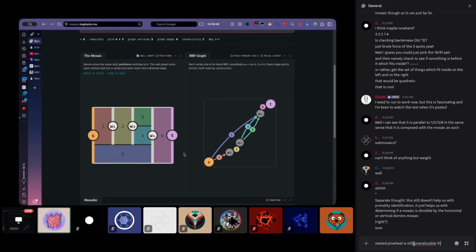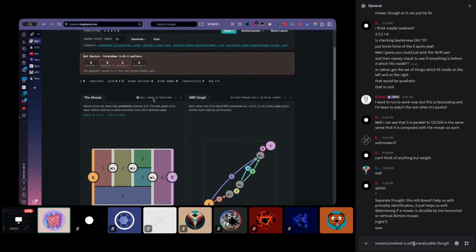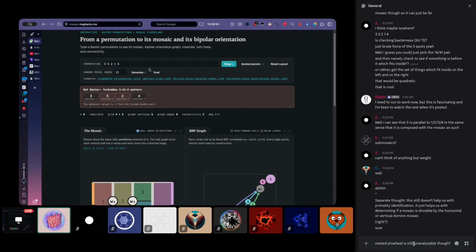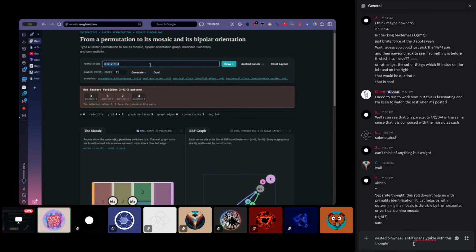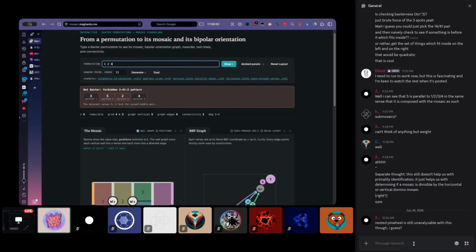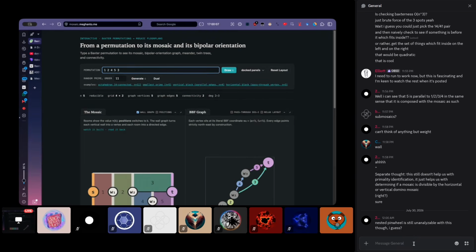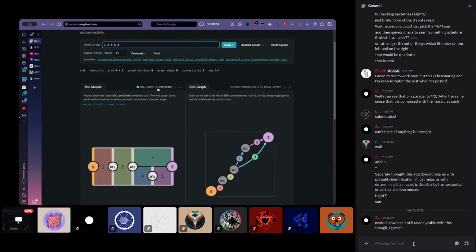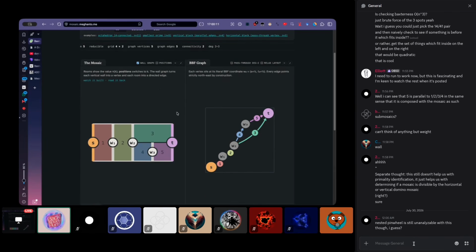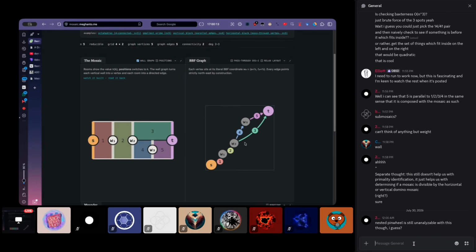Similarly, let's create another, say 1, 2, 3, 4. Let's do 1, 2, 4, 3. Okay, so we can do something like this. There's no parallel edges here, right?